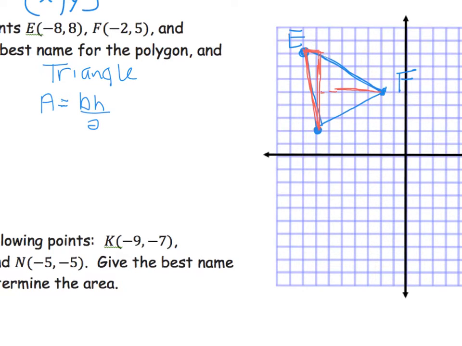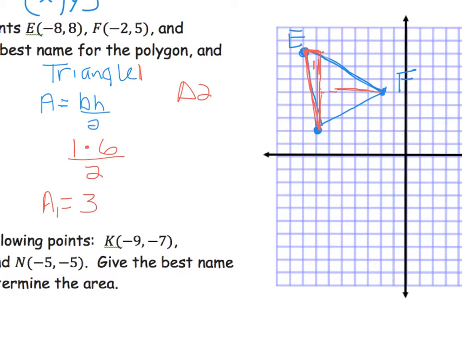So this first one, I'm going to name this triangle 1. So triangle 1, I have my base is 1, and my height is 1, 2, 3, 4, 5, 6, divided by 2. So the area of triangle 1 is 3 units. And then I'm going to go to my triangle 2.